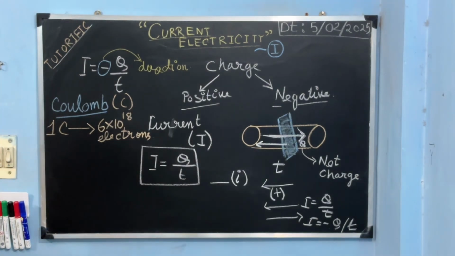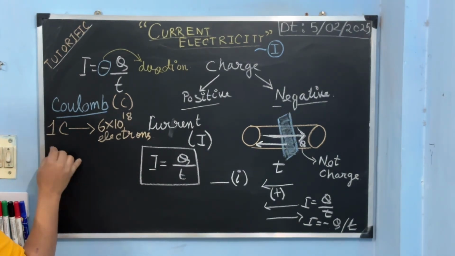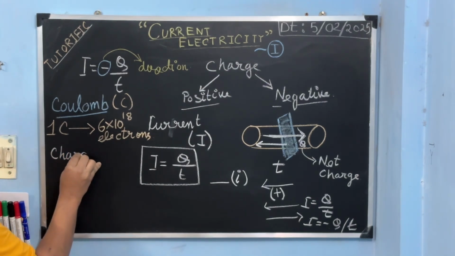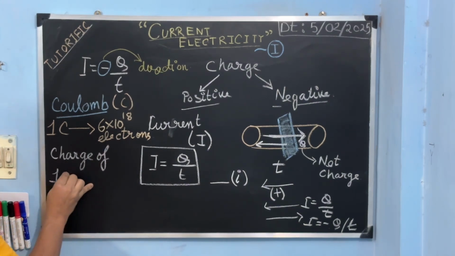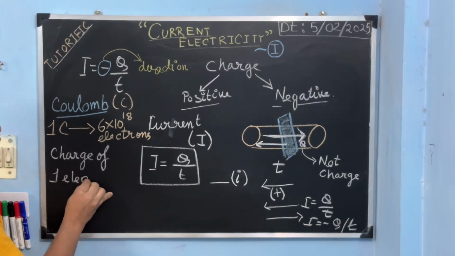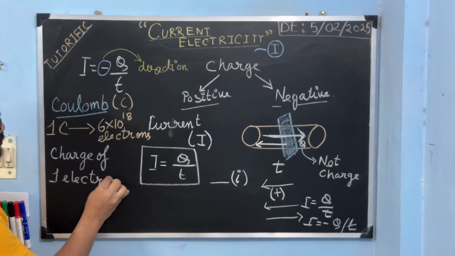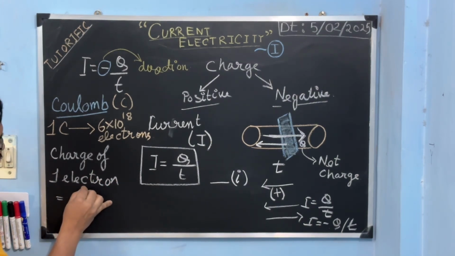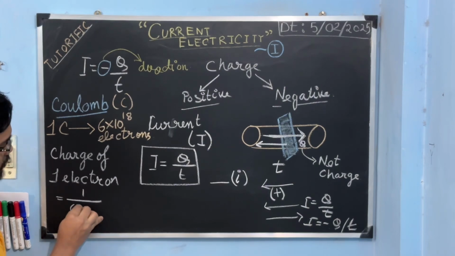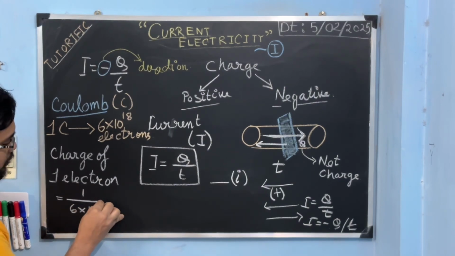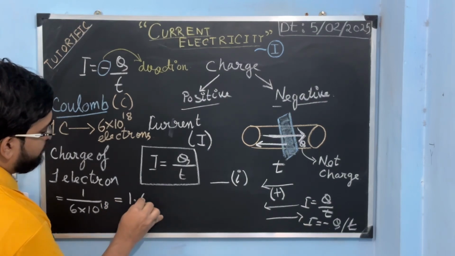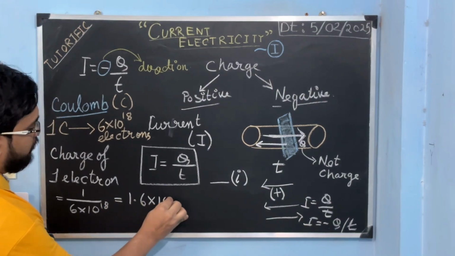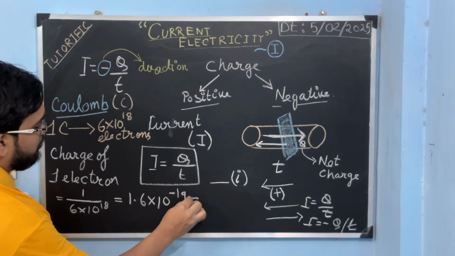So, by simple unitary method calculations, what is the charge of 1 electron? Therefore, charge of 1 electron is 1 by 6 into 10 to the power 18, or it comes out to be 1.6 into 10 to the power minus 19 coulomb.